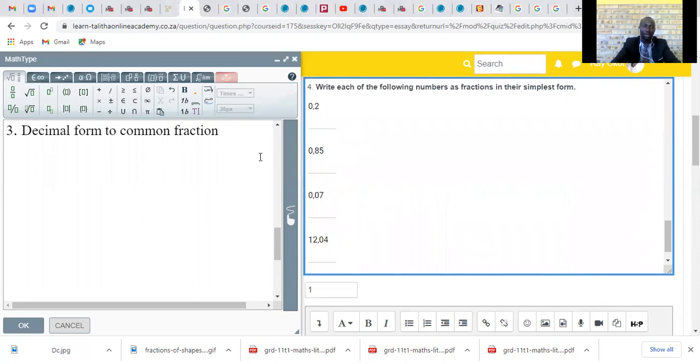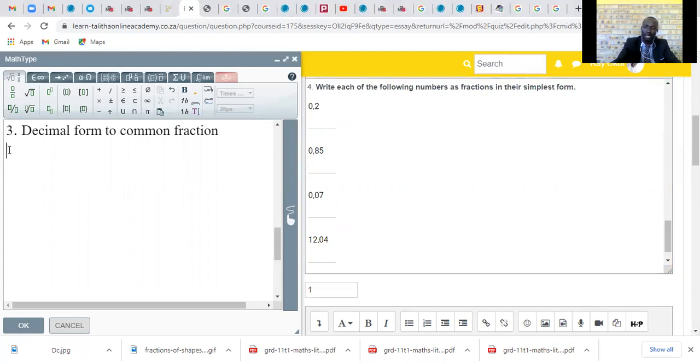So let's first deal with 4, then we come to 3. So question 4 is from decimal form to common fraction.